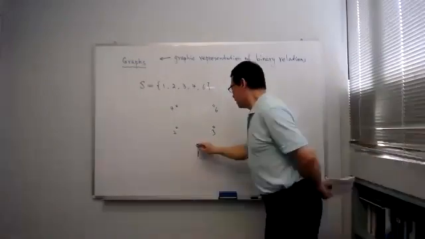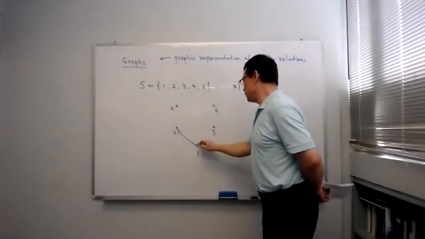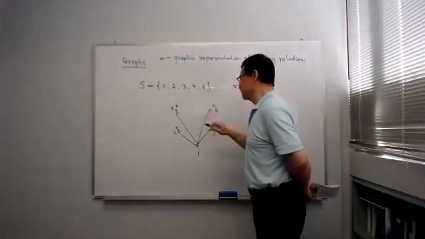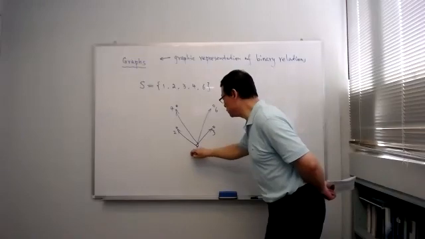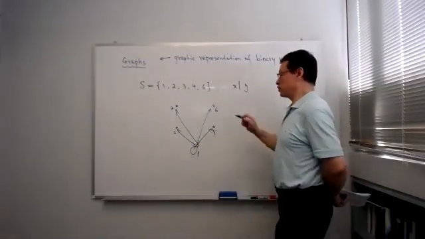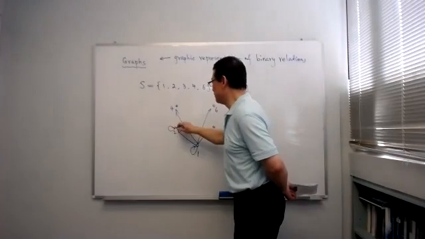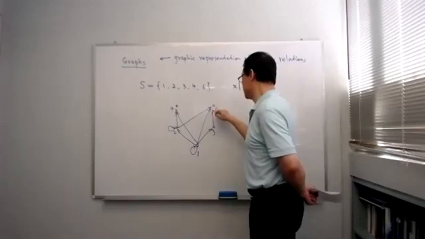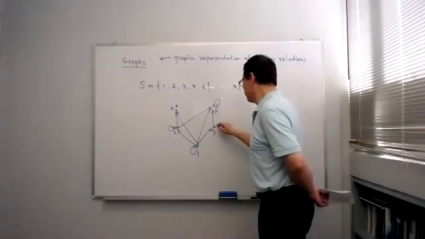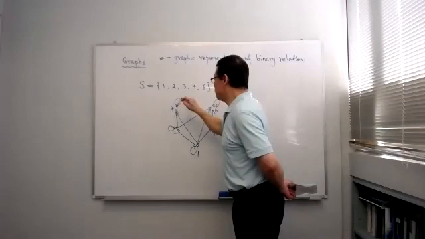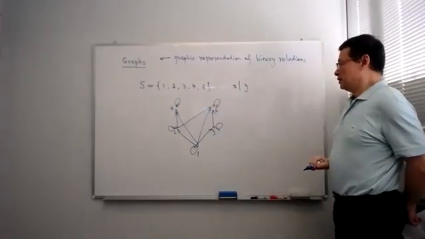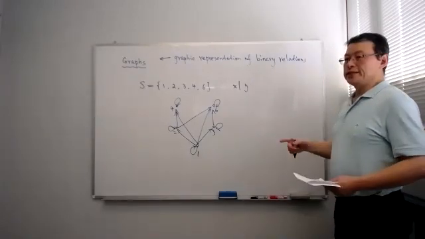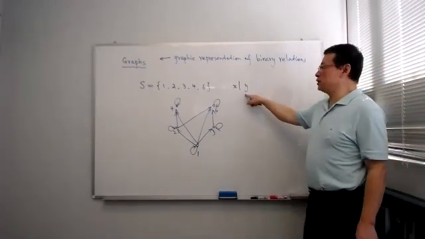So here, 1 divides 2, so we have this arrow. 1 divides 3, we have this arrow. 1 divides 4, 1 divides 6. 1 divides itself, so we have a loop. For 2, it divides itself, and it divides 4 and 6. 3 divides 6. And 6 divides itself. 3 divides itself. 4 divides itself. So we get this object. There's a graphic representation of this relation on this set.